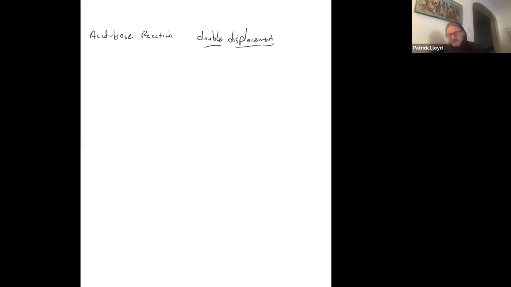Sometimes it's called double replacement, it just depends who's writing it up, okay? But essentially what we do is we think of the acid as having two parts, and the two parts are H plus and ClO3 minus. See how I'm putting brackets around them just to separate them? Internally, think of it as having two parts, the H plus and the ClO3 minus.